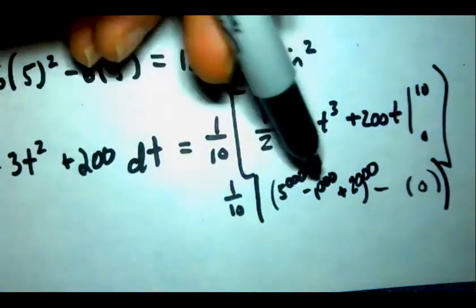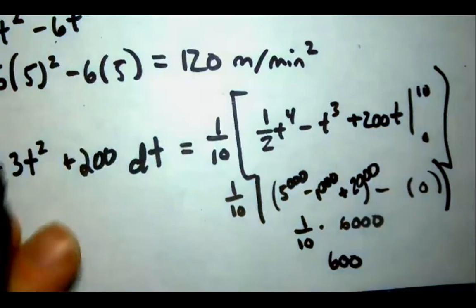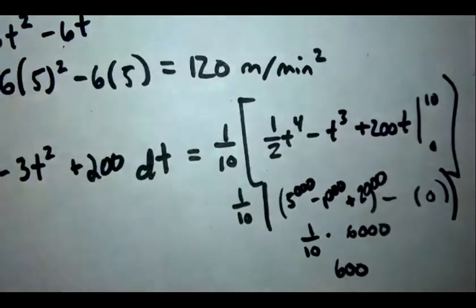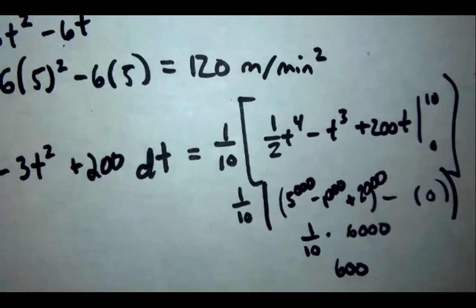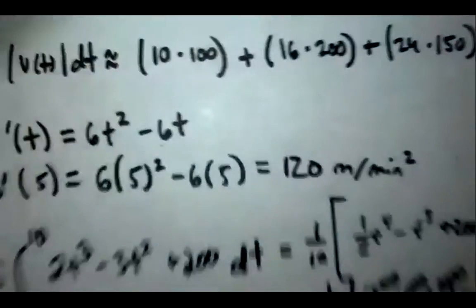That's 5,000, 4,000, 6,000 times 1/10. The answer to the question was 600. Do you need units for this one? No. Okay. Questions, guys? Just need a little more practice, but the ideas are starting to look familiar. That's the goal.